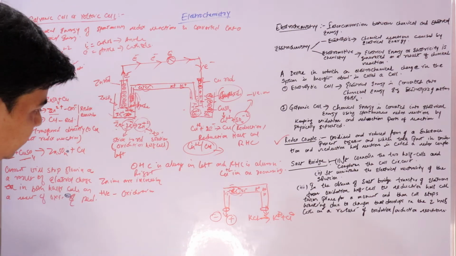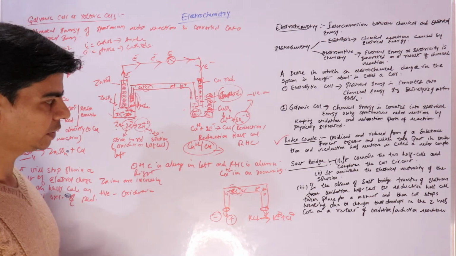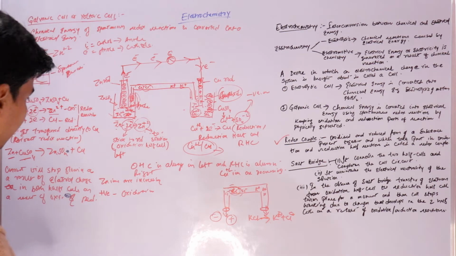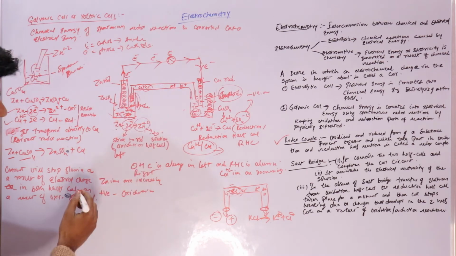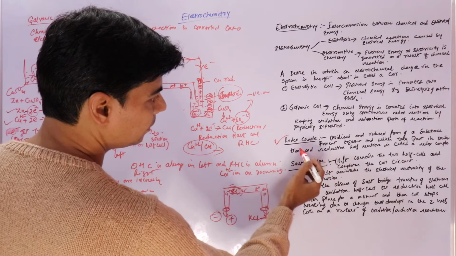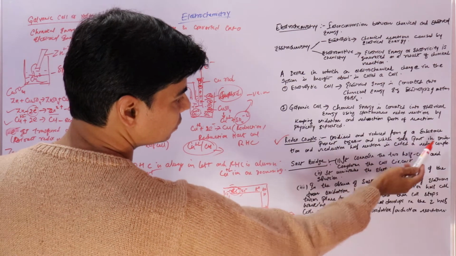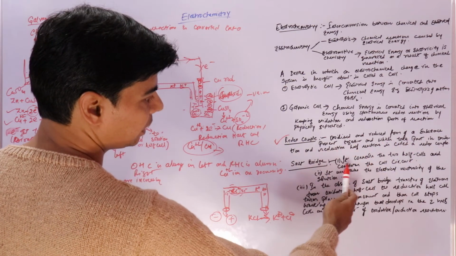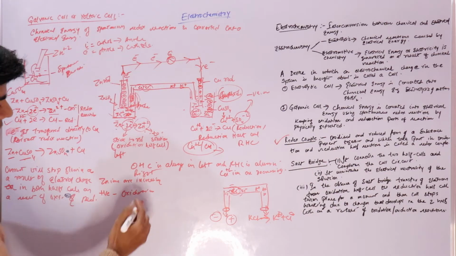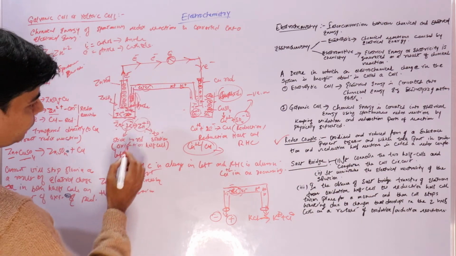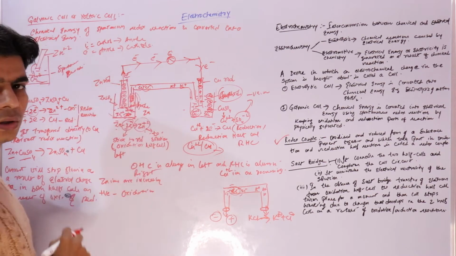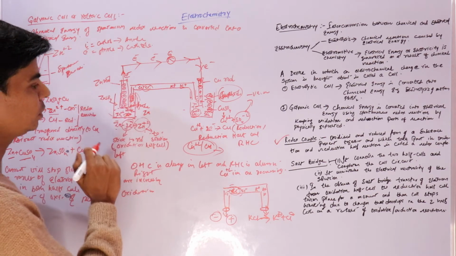Now, there are some important things that we need to remember. One thing, in both the half cells, if you see, there is something known as a redox couple, which says the oxidized and reduced forms of the same substance are present together, which take part in the reaction. Since in this half cell we have this zinc rod, this zinc rod is in contact with its own ions.